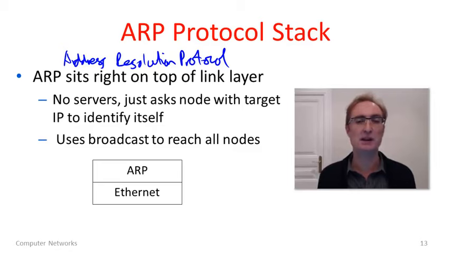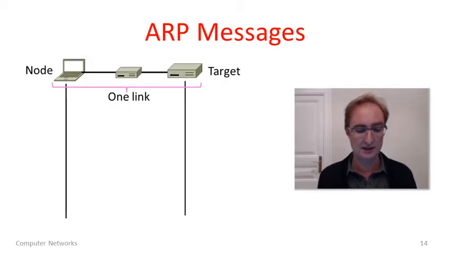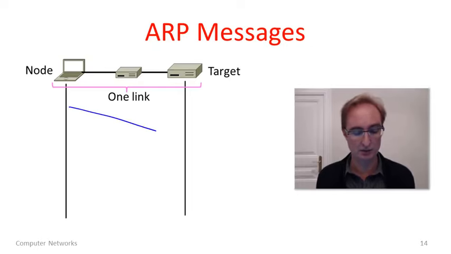So ARP is just going to ask the node with the target IP address to identify itself. Like DHCP, it's going to use broadcast to reach all of the nodes so that its message will go to the target node as well as everyone else. Here's how the exchange works. It's simpler than DHCP. We're still operating on the one logical link here, even if it's a series of physical links connected by a switch. So we can't go across routers with this protocol.